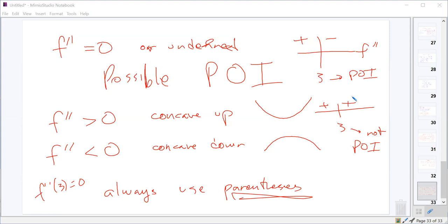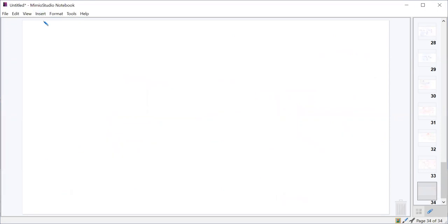Now, there is a way to use the second derivative to determine if something is a local max or a min. Suppose you go through and you find that f prime equals 0 at x equals 3. Then what you can do is look for f double prime at 3.